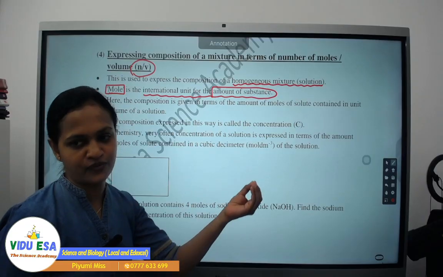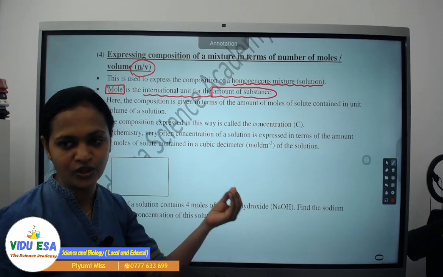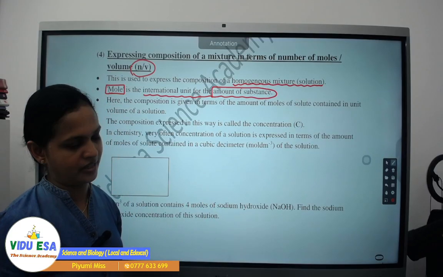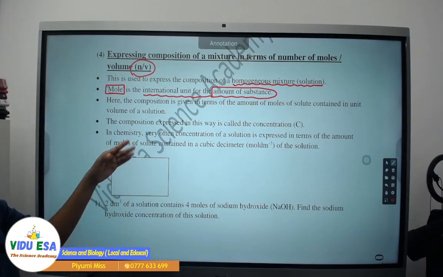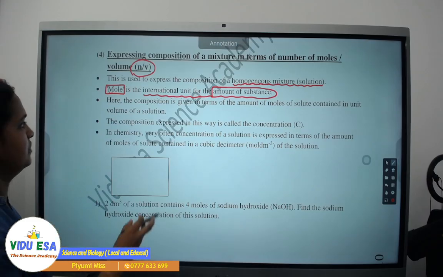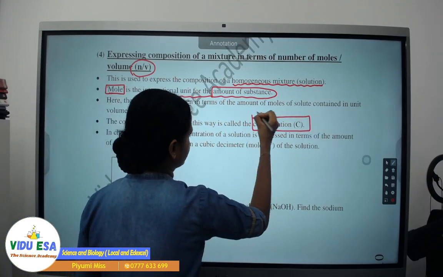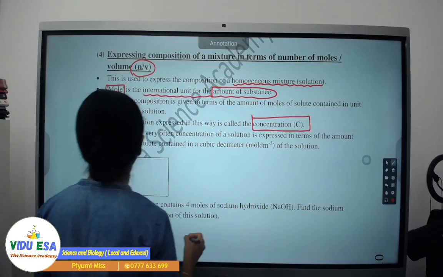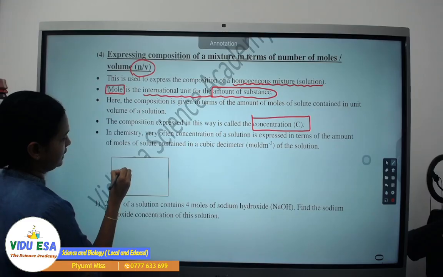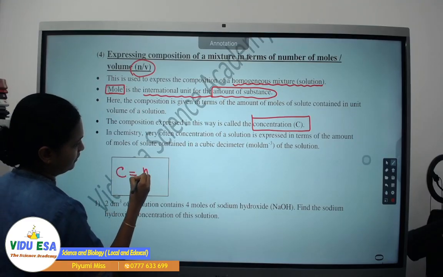Number of moles of solute divided by the volume of the solution. In chemistry, the composition expressed in this way is called the concentration. Concentration can be N over V, right? C equals N over V.